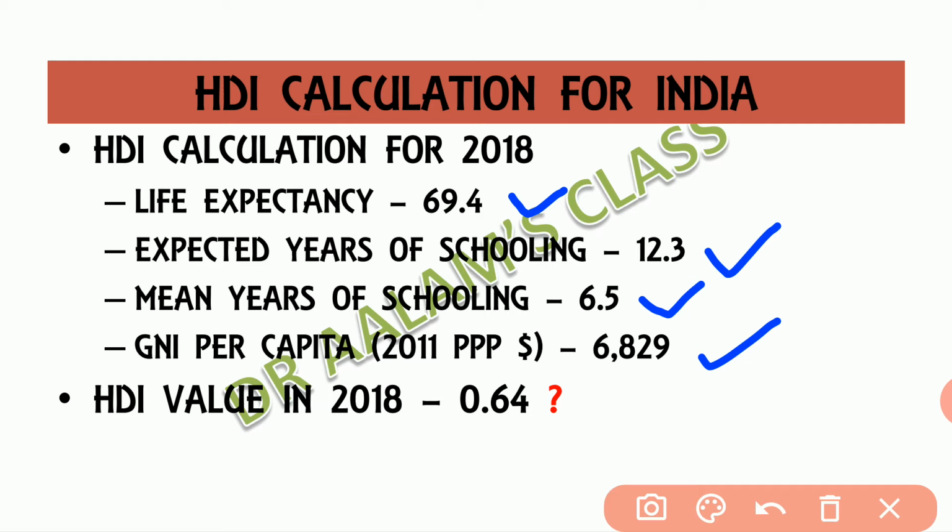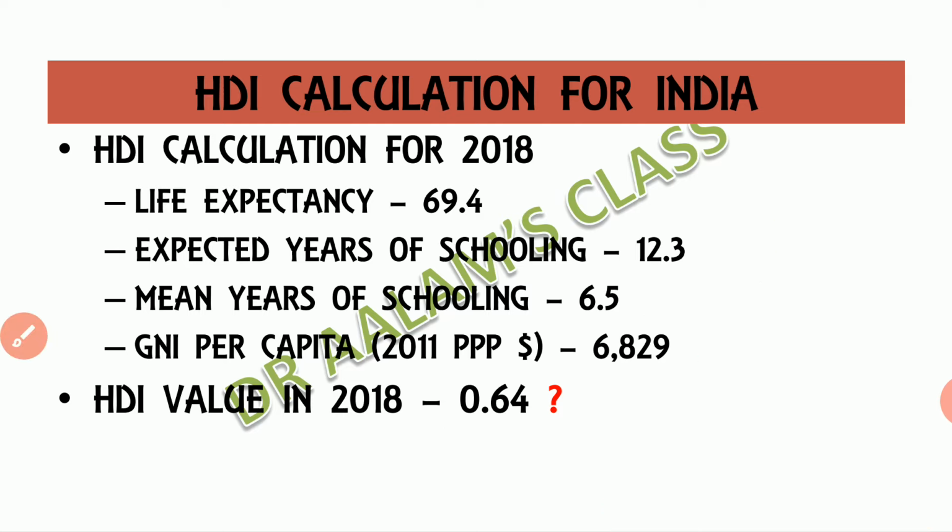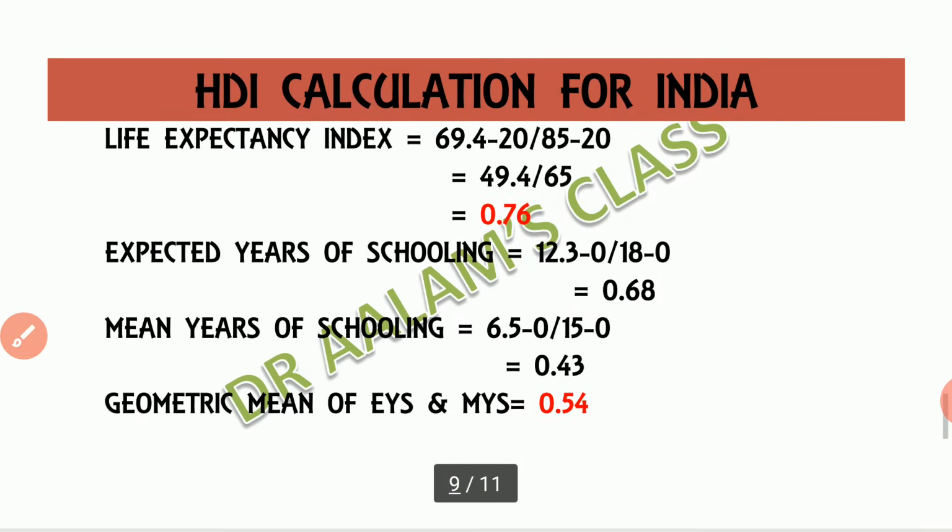So by using the above formula, HDI is calculated as 0.64. But now the question is how to arrive at this figure, how it is calculated. So let us see the calculation.